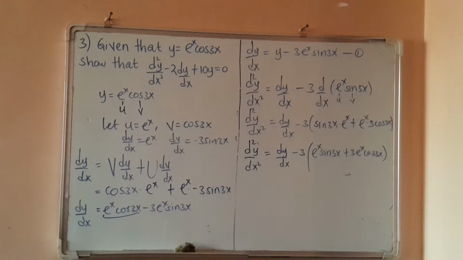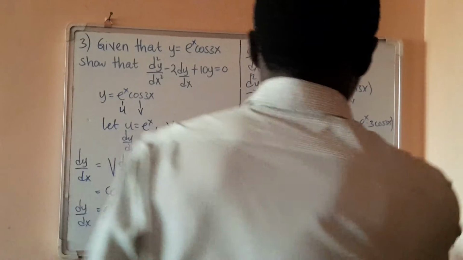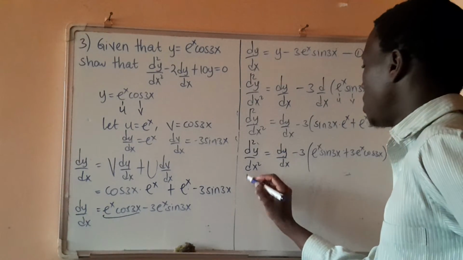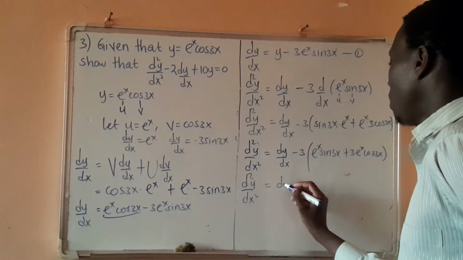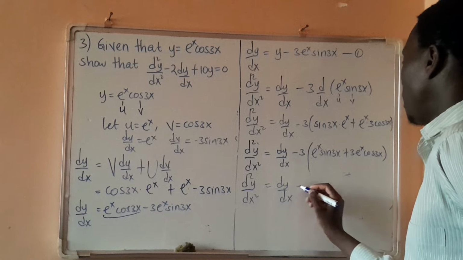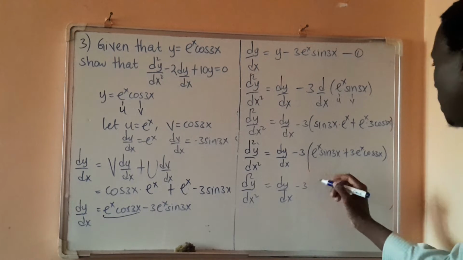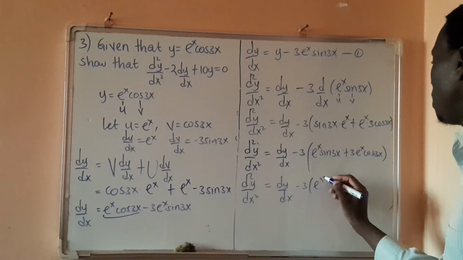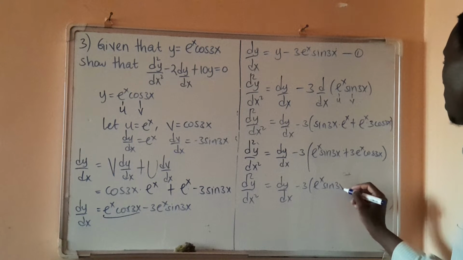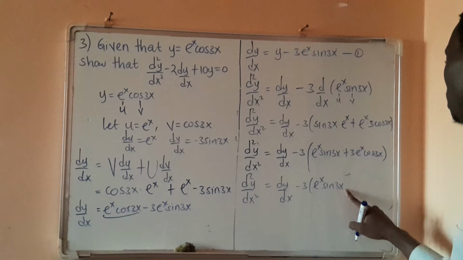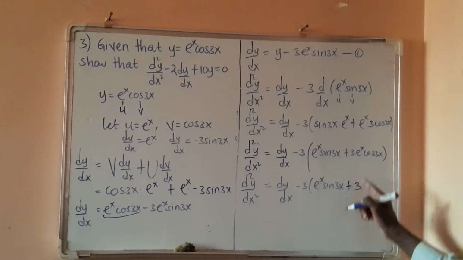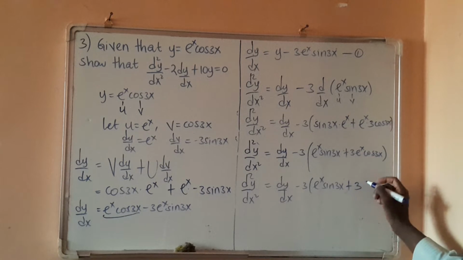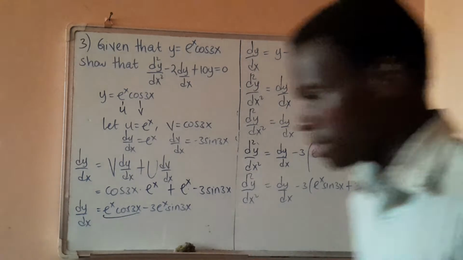We have that. What can we do? We can substitute y. This function here is y. So this is the second order derivative: dy dx minus 3 e to the x sine 3x plus 3, and this function here, e to the x cos 3x, that is y.